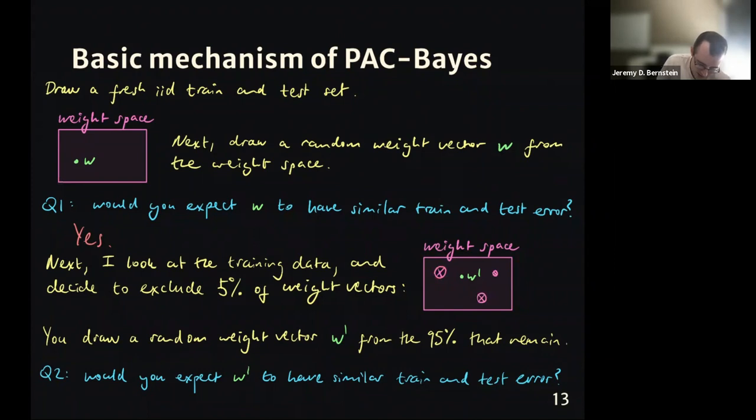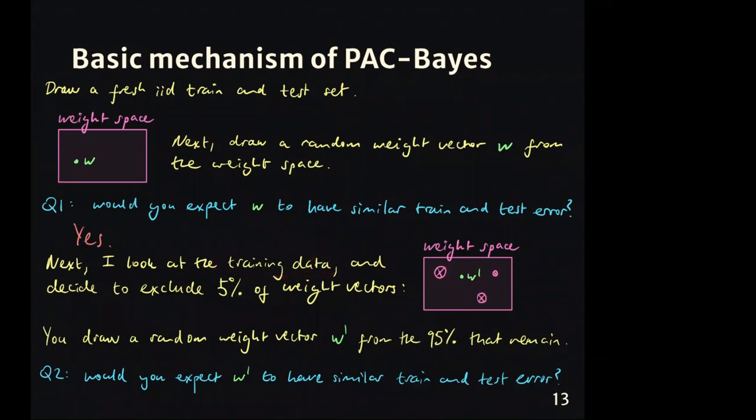Would you expect W prime to have similar train and test error on large, bearing in mind that I used the knowledge of the training data to decide which ones I was going to knock out?